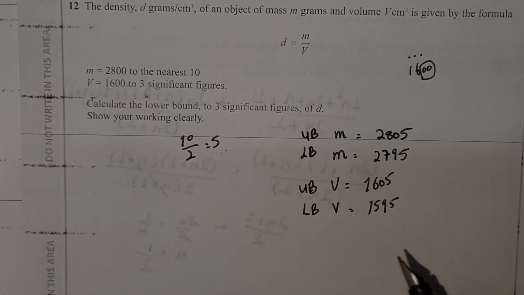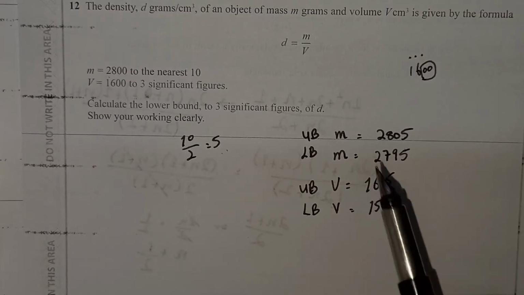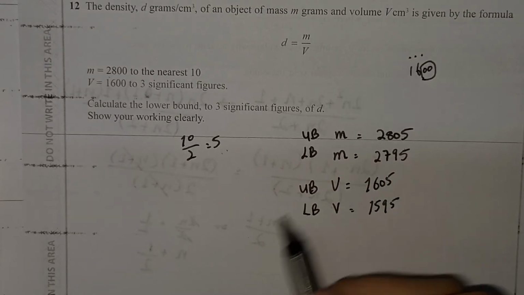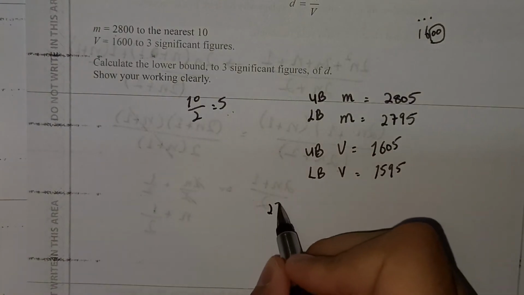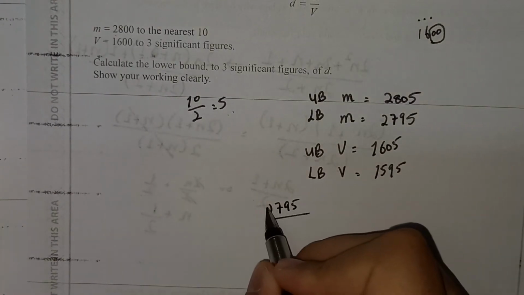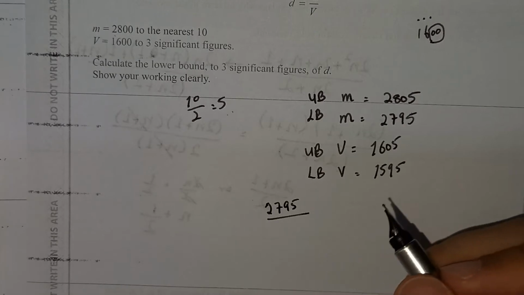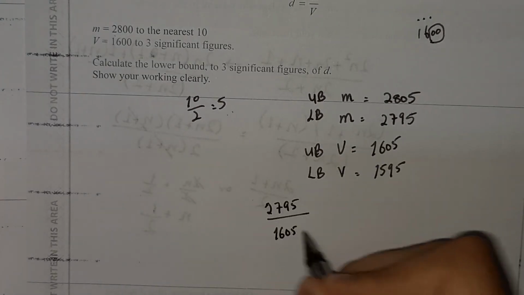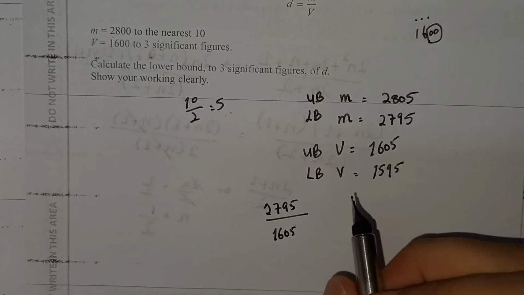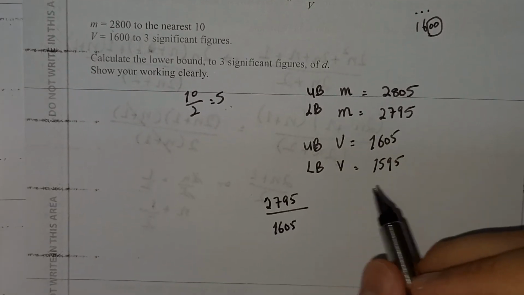So the best thing to do is use the lower bound for mass, the smallest value for mass, which is 2795, and we use the higher value for volume, which is 1605. This will give us the lowest possible value for density using these four values.